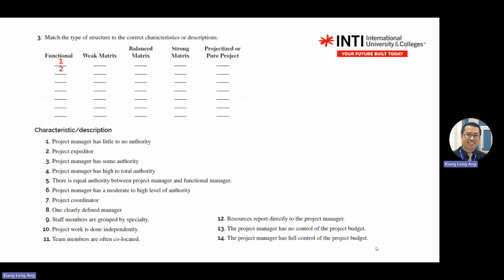Okay, number 2, I'm quite conservative about this answer. I think it can be projectized, or this one is a bit general. Because the definition for expeditor is what?